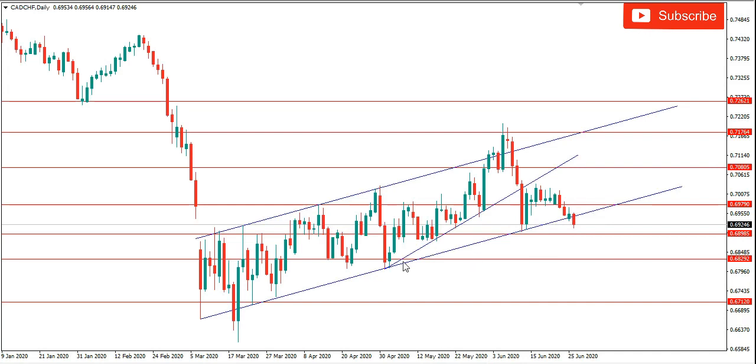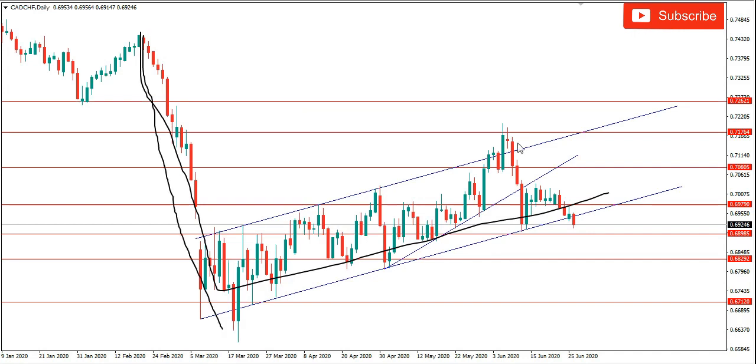Another thing I would like to say is that in a situation where we have this type of impulse and we have a flag, if you are going to be taking a swing trade on this pair, it's always wiser to calculate this impulse and use it as a measured objective for the next impulse we're expecting to materialize on this pair.